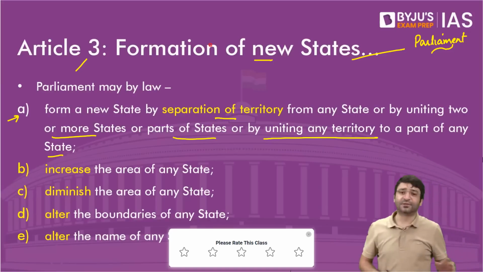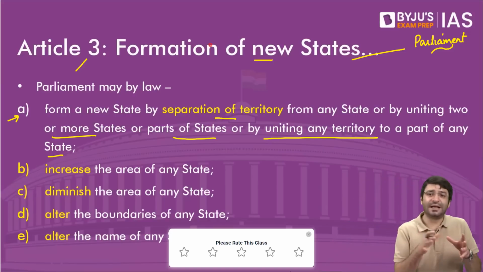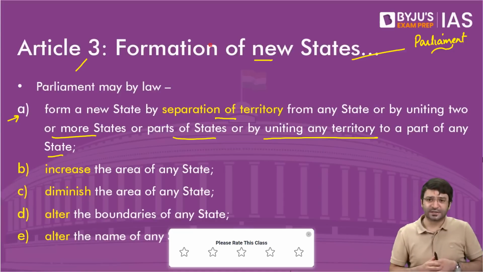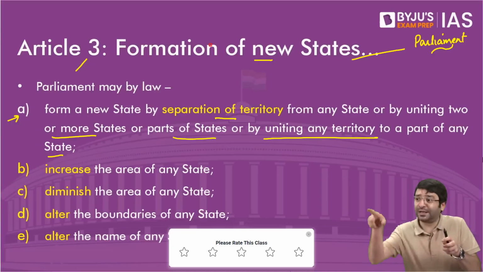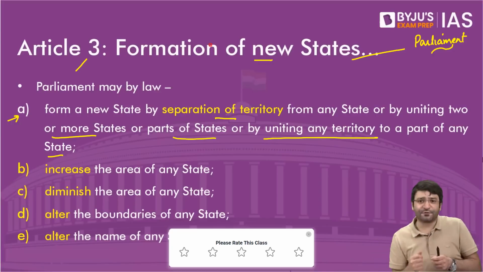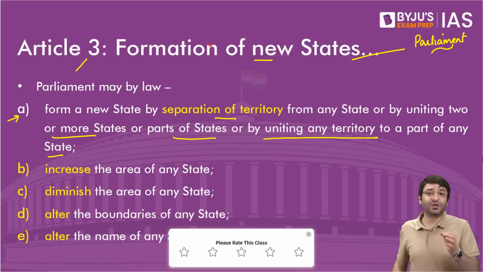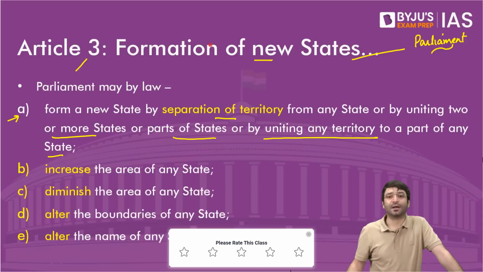Parliament can enact a law, and through this law, it can merge two or more states. It can divide a state. It can merge a part of the state with another state. It can increase the area of a state, decrease the area of a state, alter the boundaries of the state, even change the name of a state. That can be done only by the Parliament.